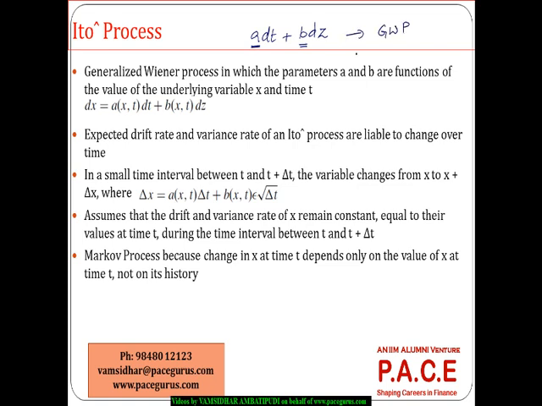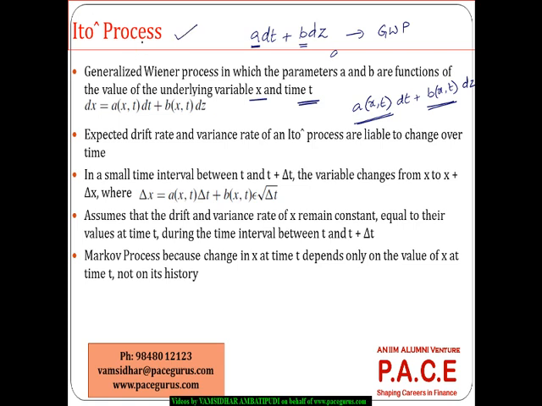If a and b are functions of the underlying variable x and time t, meaning instead of a, I am writing a of x comma t times dt plus b of x comma t times dz, so instead of constants they are functions of x and t, that kind of process is called an Ito process.